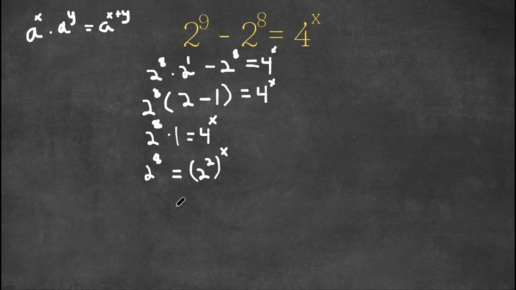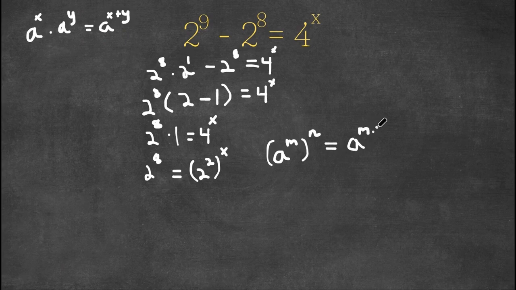Now, an important property of exponents is that a to the power of m to the power of n is equal to a to the power of m times n. So 2 to the power of 2 to the power of x is equal to 2 to the power of 2 times x, which is 2x. And this is still equal to 2 to the power of 8.